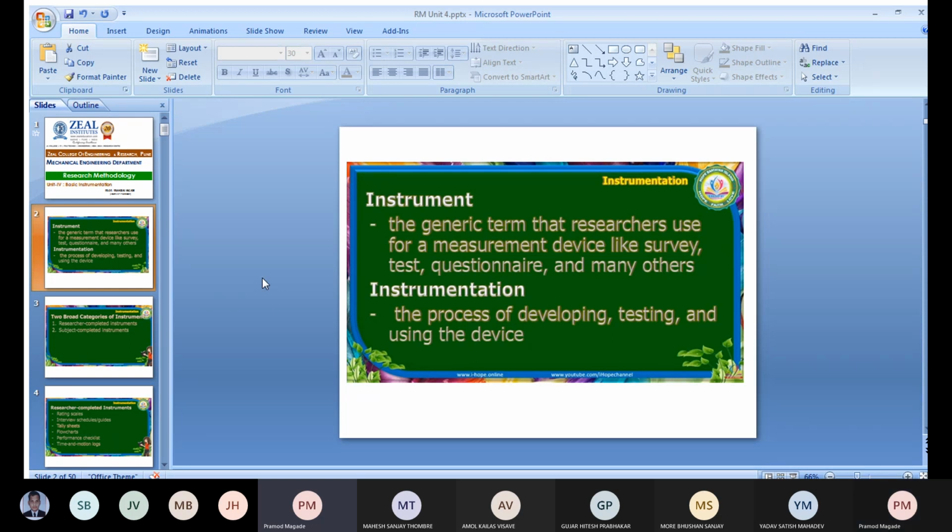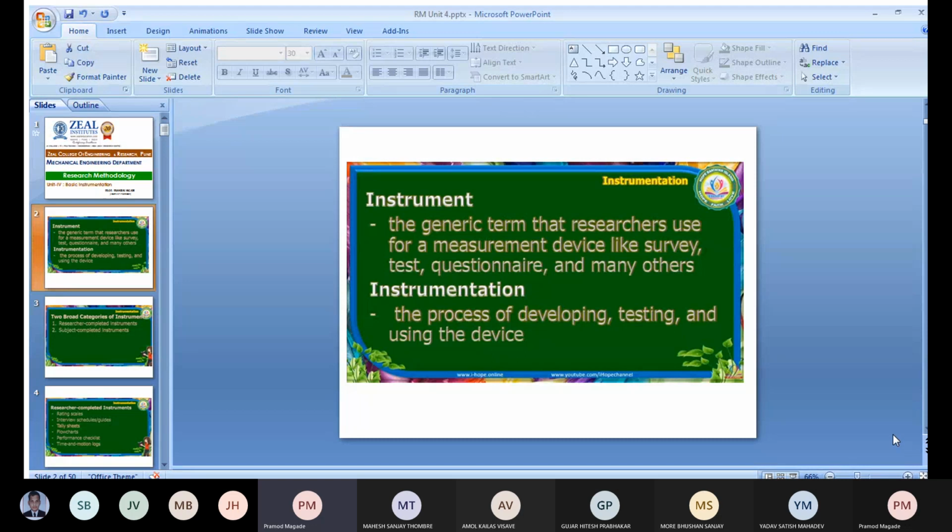like survey test, questionnaire based, etc. A lot of many things are there. Okay, next, instrumentation.